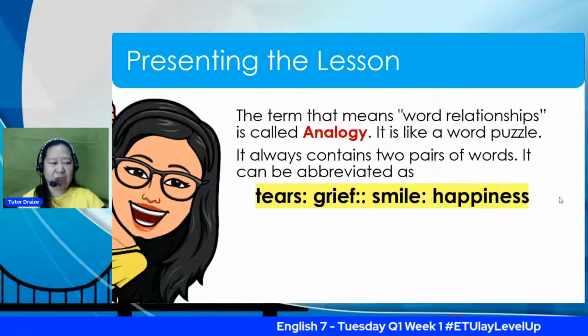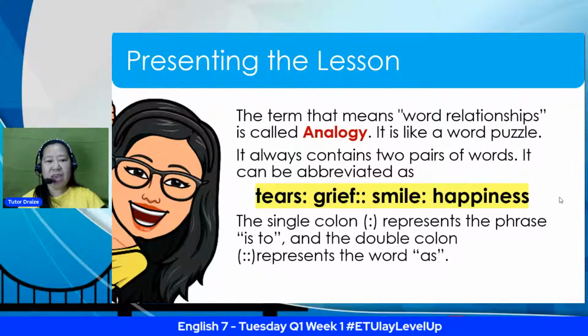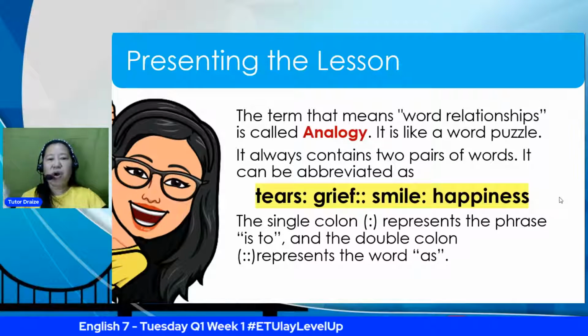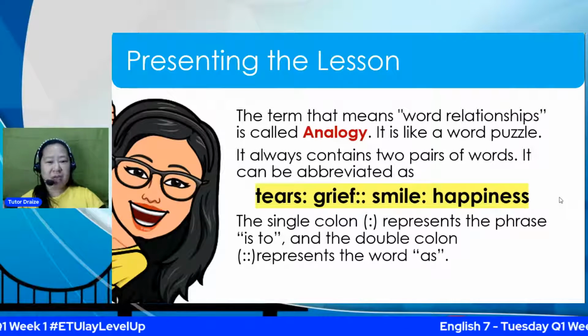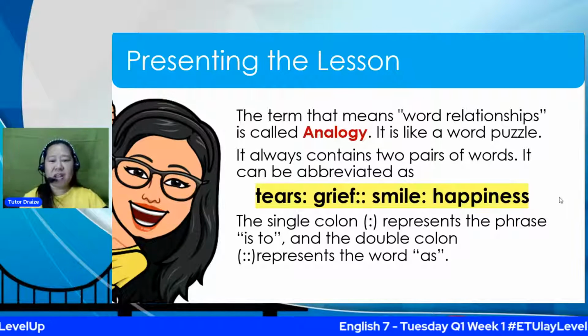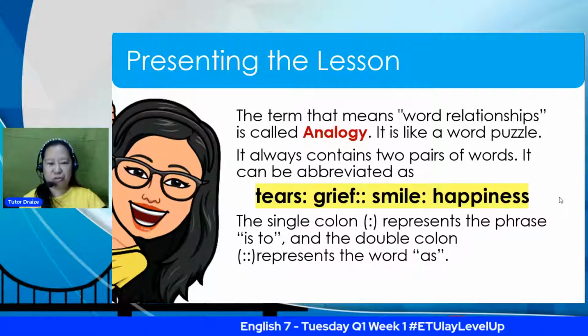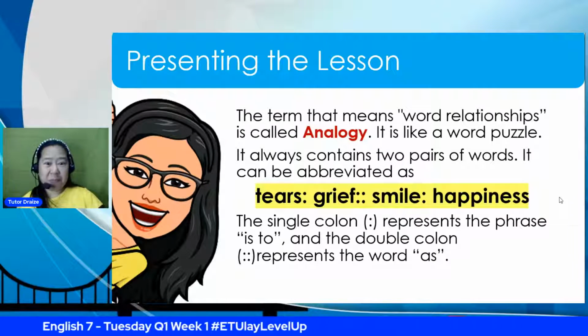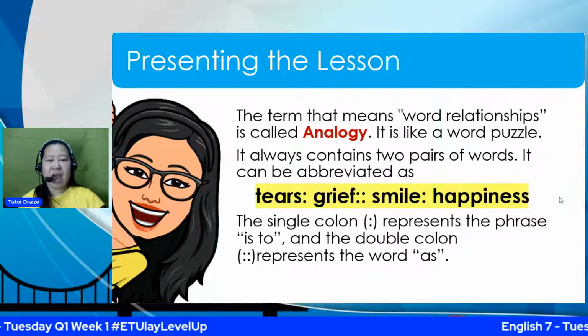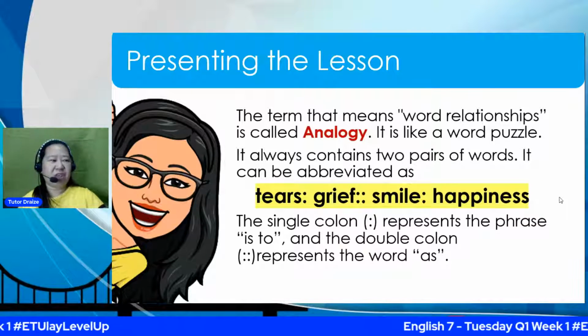That's how you will be writing it. But how you will be reading it is like this: tears is to grief, as to smile is to happiness. The single colon represents the phrase "is to," and the double colon represents the word "as." So don't ever forget how to read that abbreviation.